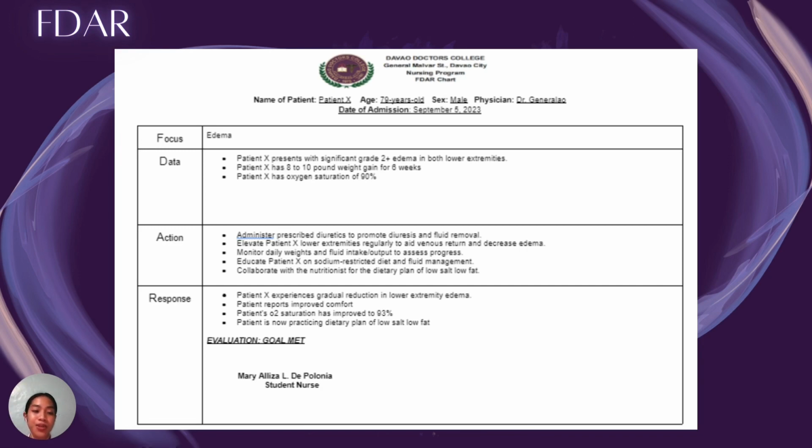So next is to educate the patient on sodium restricted diet and fluid management. The sodium restricted diet reduces your sodium intake, as sodium intake is the primary focus to reduce the effects of edema.